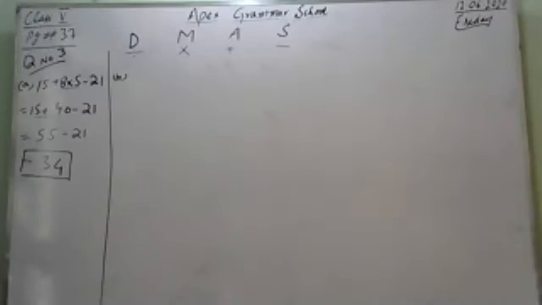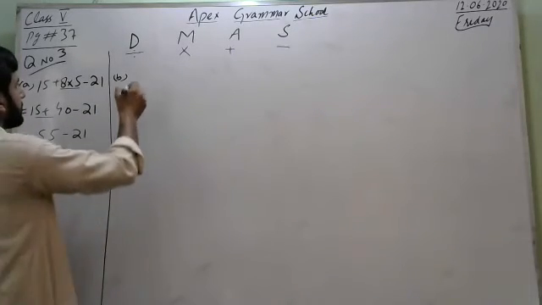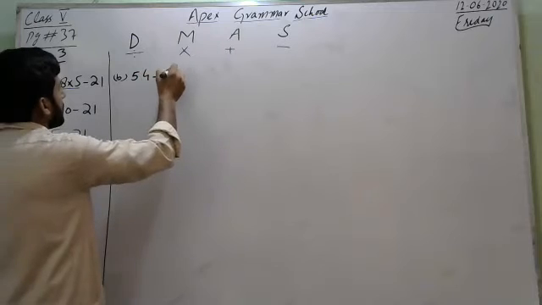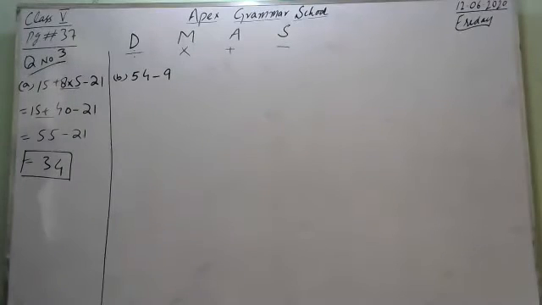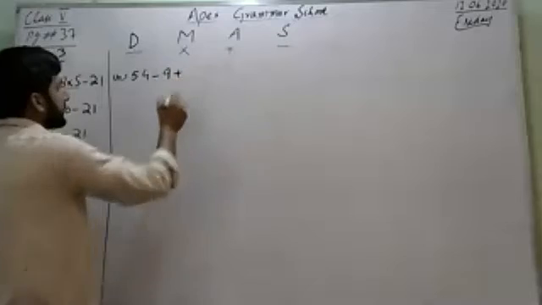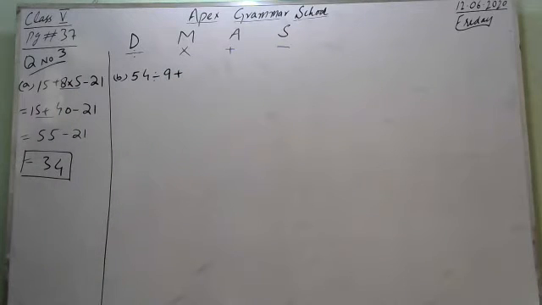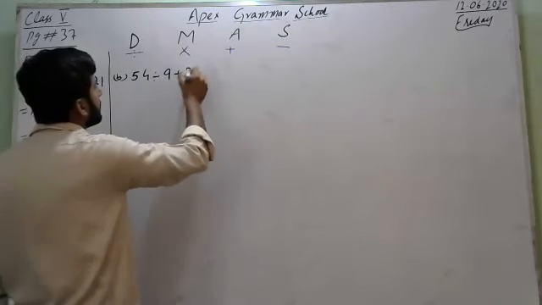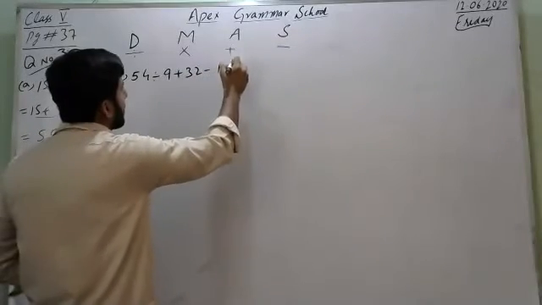B part is 54 divided by 9 plus 32 minus 17.